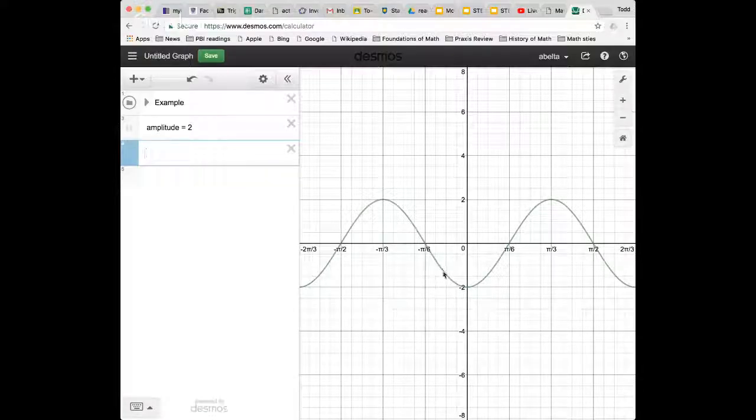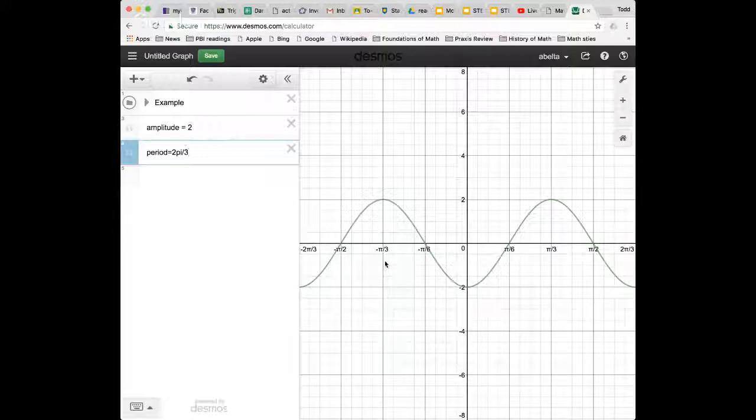If I go over 2pi/3, I get the same output regardless of where I start. So the period is going to be 2pi/3.